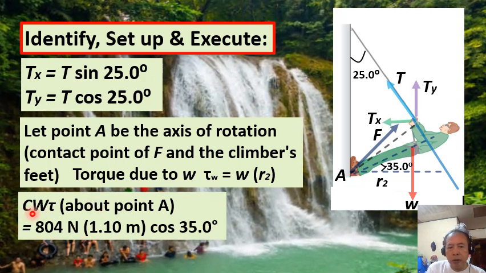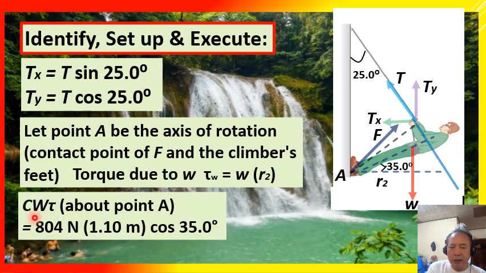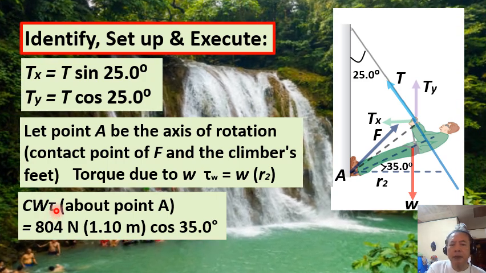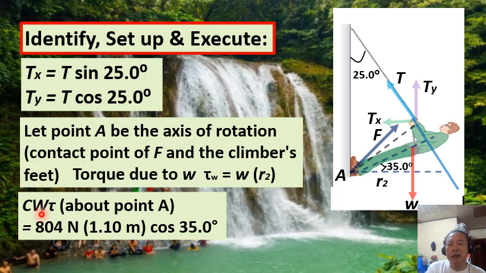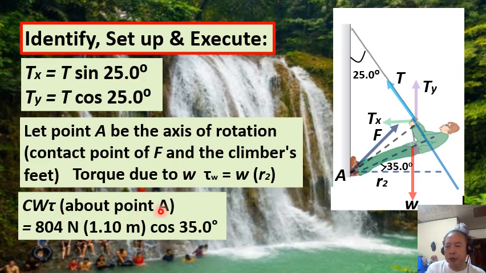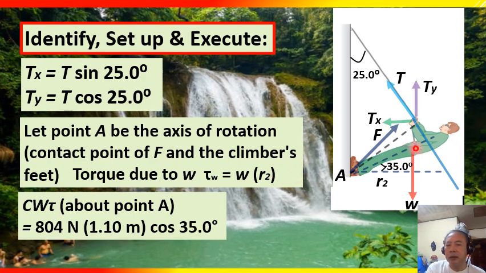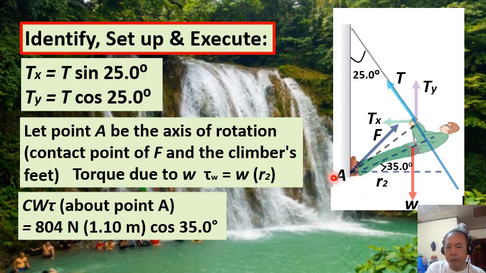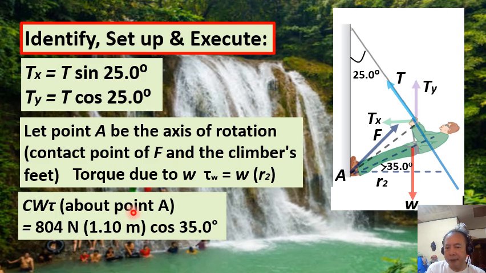So we emphasize that here, right? CW sub tau is referring to the torque that is produced by the weight W, which tends to make the body or the climber rotate in a clockwise manner about point A. That is the meaning of this notation, all right?